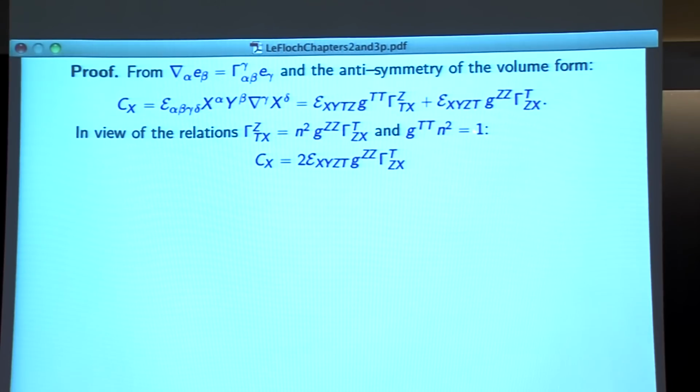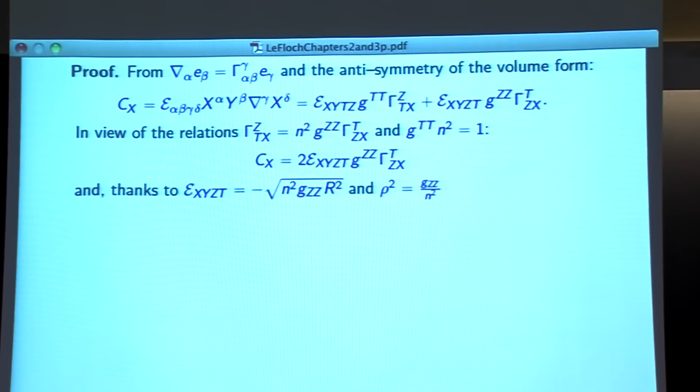This is simply the definition of the lapse function, which is the norm of the capital T vector. And this becomes this quantity here, just twice the same quantity. Okay. And now the volume form can be expressed by returning to the expression for the metric. And you see easily that you can connect the volume form with the lapse function, with the norm of Z, and with the area of the orbits of symmetry, rho, defined by that.